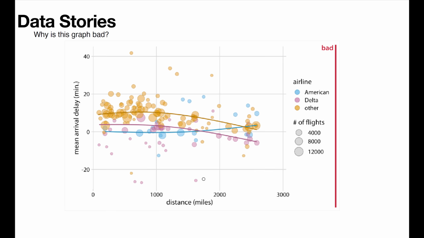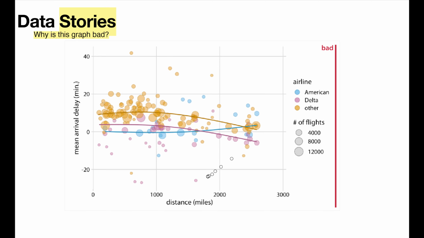Here's another plot, and we're asked, why is this graph bad? Well, let's take a look at this. So this is the mean arrival delay time. And in the legend here, we have American Airlines, Delta Airlines, and other airlines. The size of the circles here indicate the number of flights.